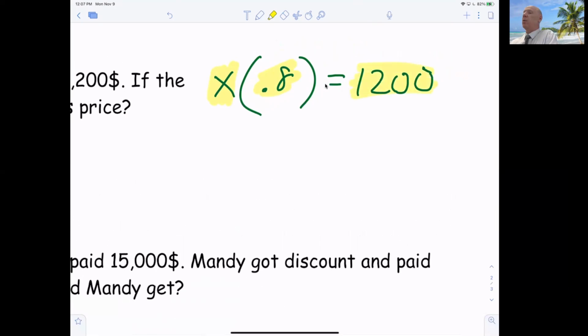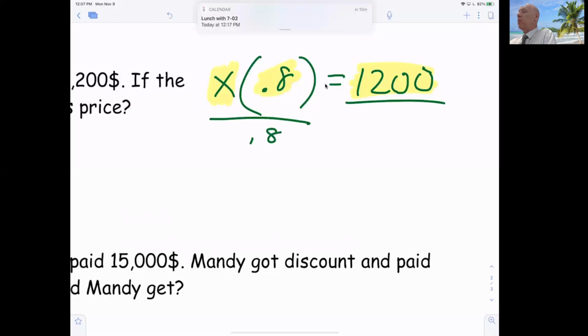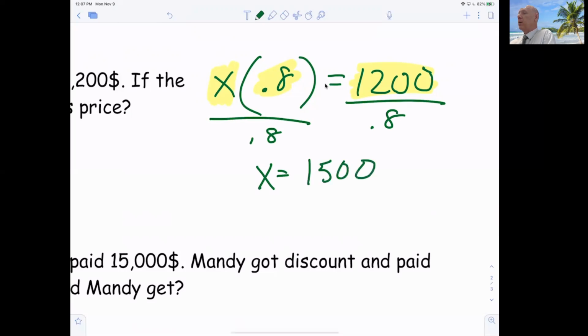So how do I figure out what the original price is, Jackson? Yay, I'm super proud of you, buddy. That's a good job. Divided by 0.8. So tell me. $1,500 was the original. All right, that was really hard.